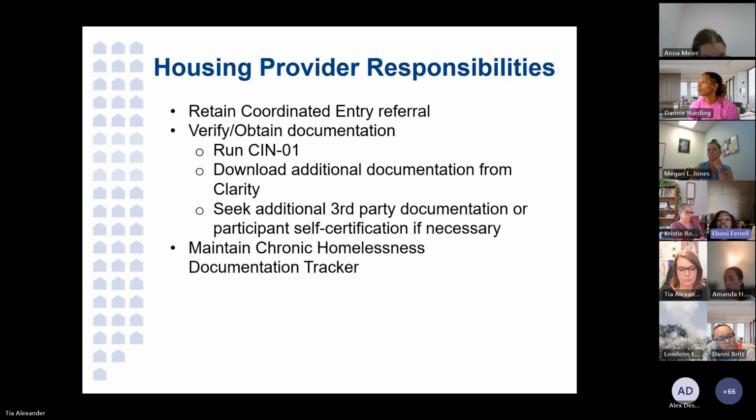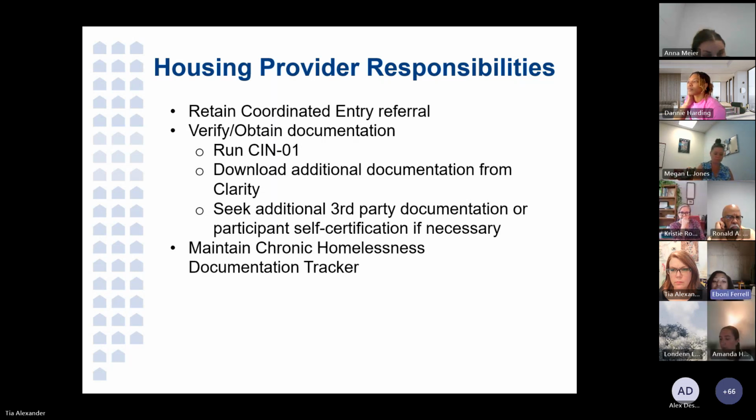If the report does not document sufficient months or episodes of homelessness, the housing program must obtain and piece together the missing documentation to confirm eligibility. Check the Strategies Coordinated Access file in the VI-SPDAT project in Clarity and download any additional documentation that has been uploaded there.